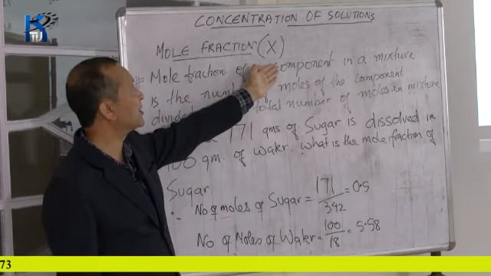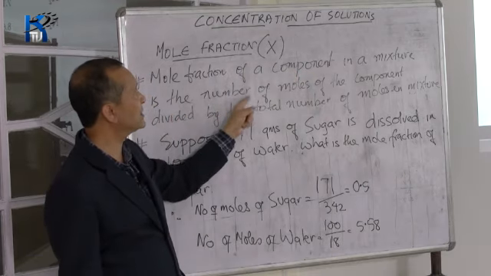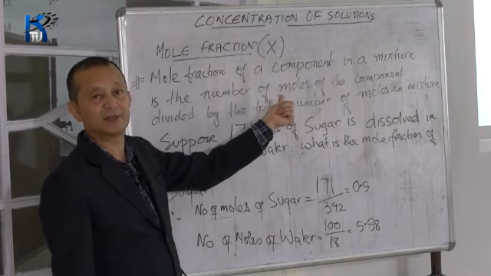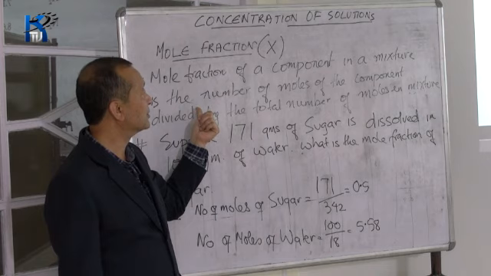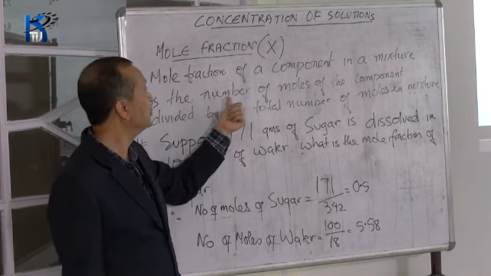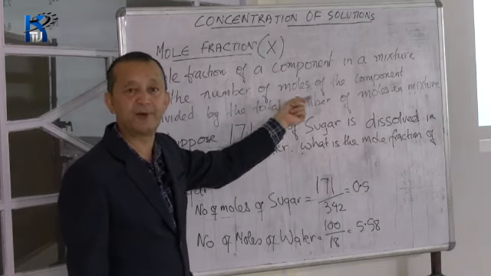Mole fraction of a component in a mixture is the number of moles of that component divided by the total number of moles. So two things we have to keep in mind: you need the number of moles of each component.